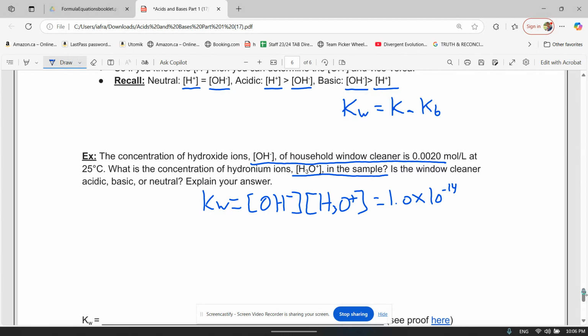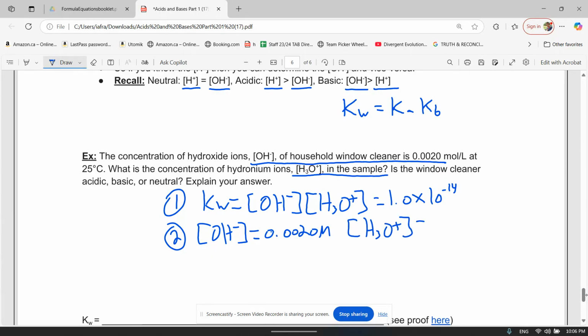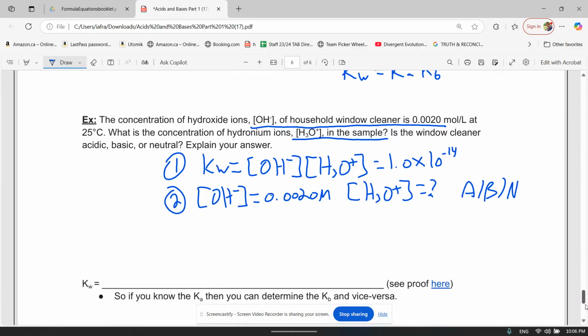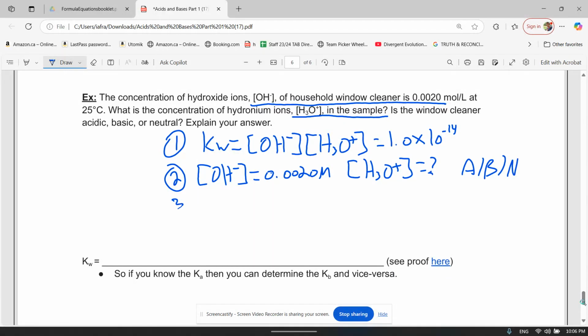Now we are told that the concentration of OH minus is 0.0020 molar, and we want to find the concentration of H3O plus, and we also want to know if it's acidic, basic, or neutral. So we can find the H3O plus by essentially just manipulating this equation up here.